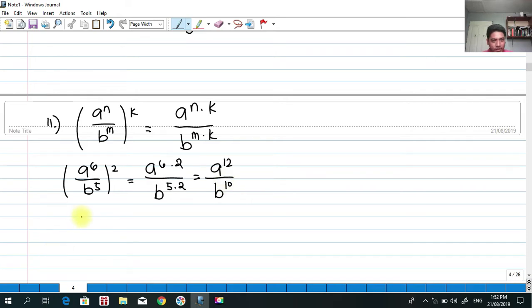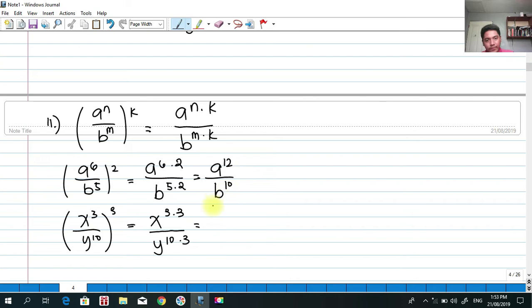Another example is that we have x cubed over y raised to 10, raised to 3. So x cubed multiplied by 3 over y raised to 10 multiplied by 3, so that we have x raised to 9 over y raised to 30. So that should be our properties.